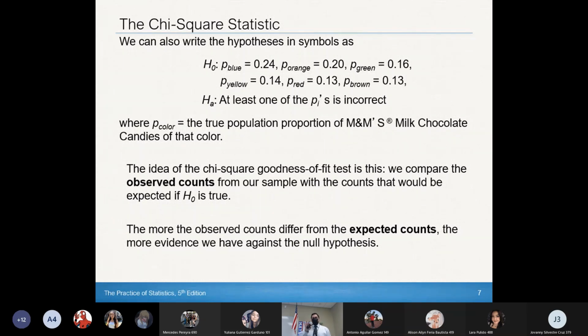Also notice, our hypothesis has proportions in it, but the things we will be comparing are the counts, not percentages. Please be aware of that. We are going to be using the actual count of things, not a percentage.